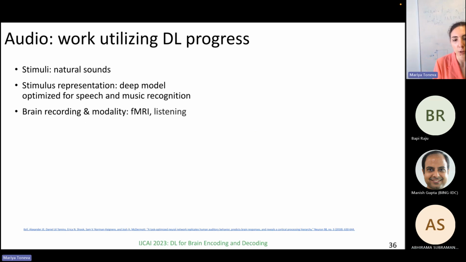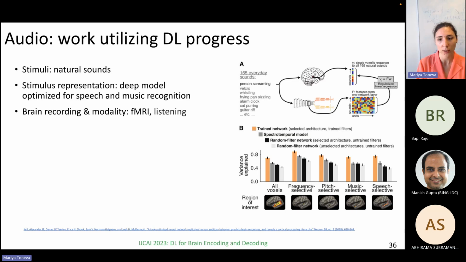Let's see. So here for the audio part, in this specific model, they used fMRI responses to people hearing natural sounds, and they used deep models optimized for both speech and music recognition.